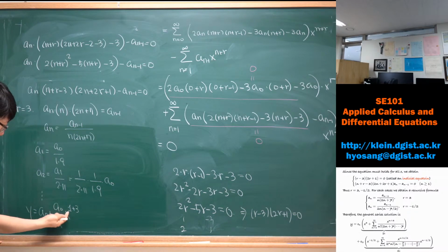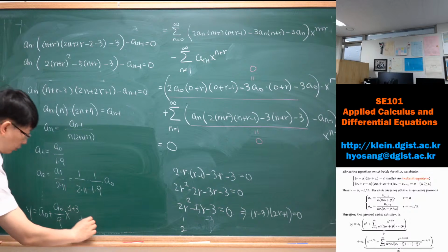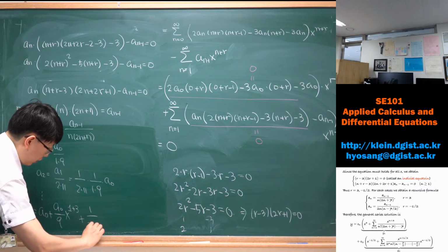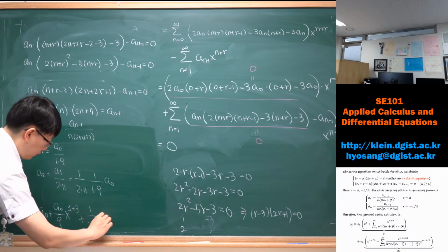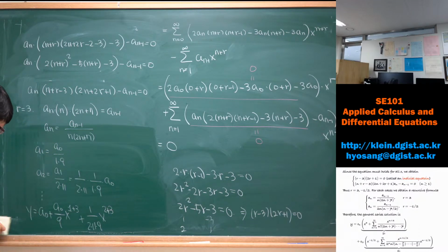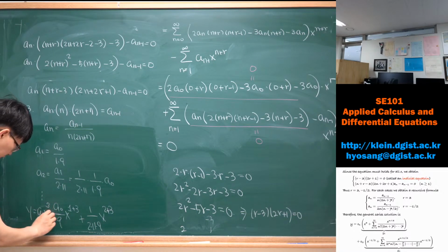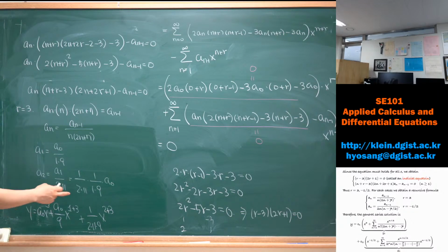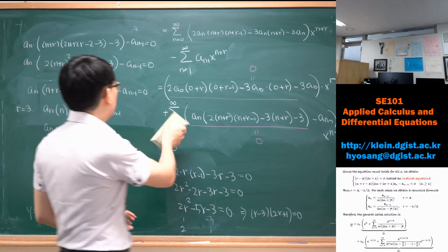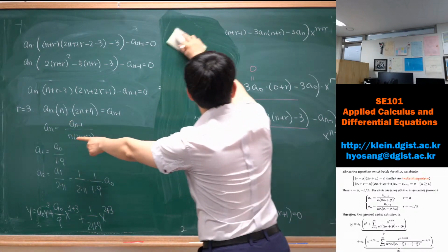When n equals 1, the power of x is 4 instead of 1, okay? Then a_2, which is 1 over 2 times 11 times 9, x to the power 2 plus 3. I'm sorry, a_0 also has a coefficient. a_0 has x to the 0 plus 3, so x cubed, okay? And so on, it goes on like this. So this is the one solution when r equals 3.